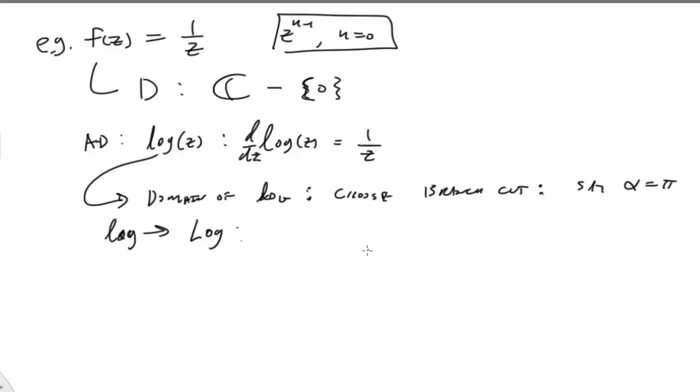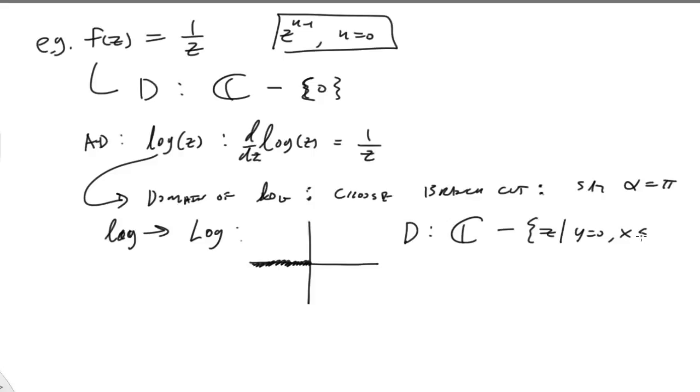So in this particular case, the domain is as follows. The domain is going to be the complex plane minus the points z such that y is equal to 0 and x is less than 0. So the so-called negative real axis.